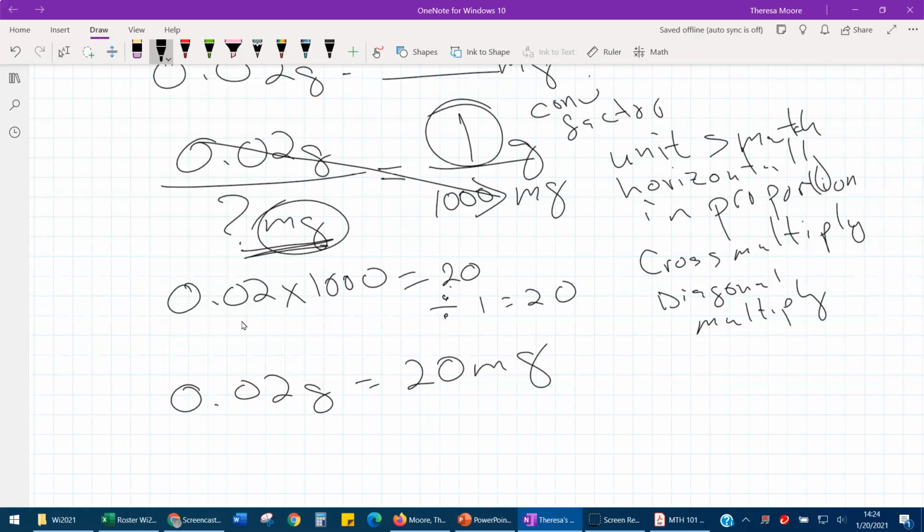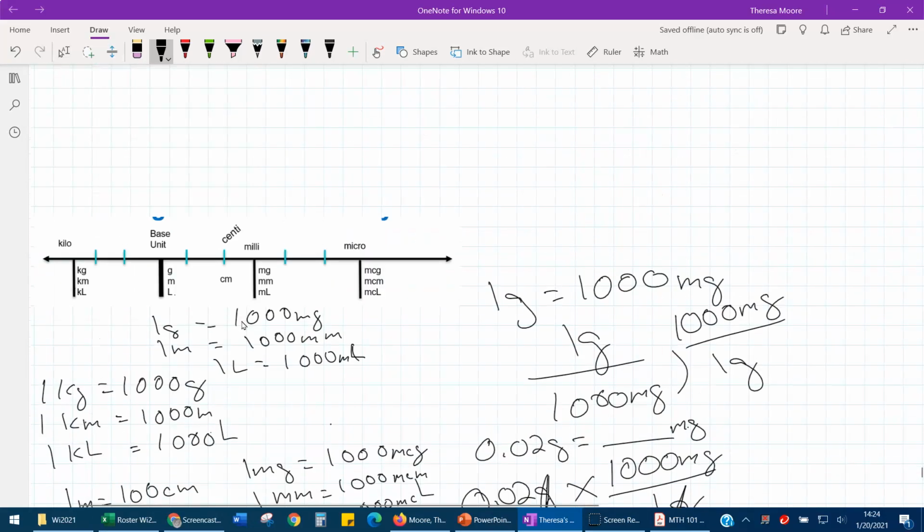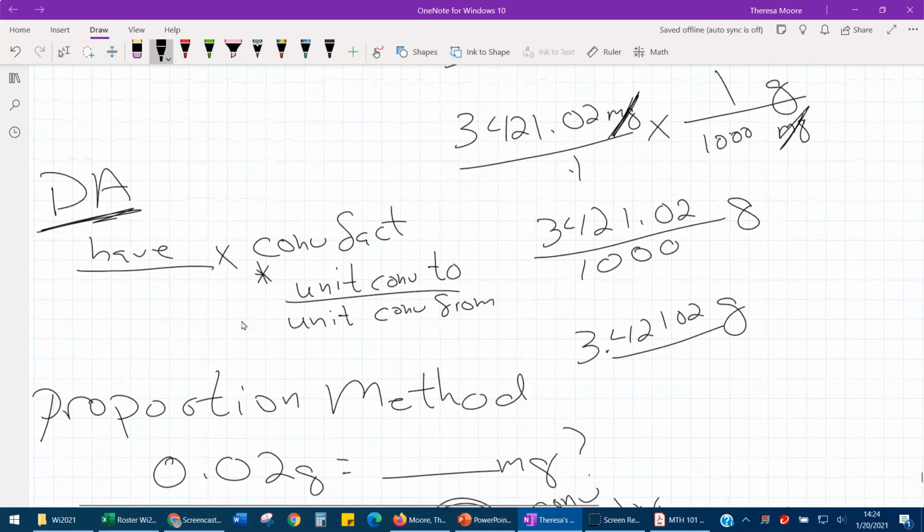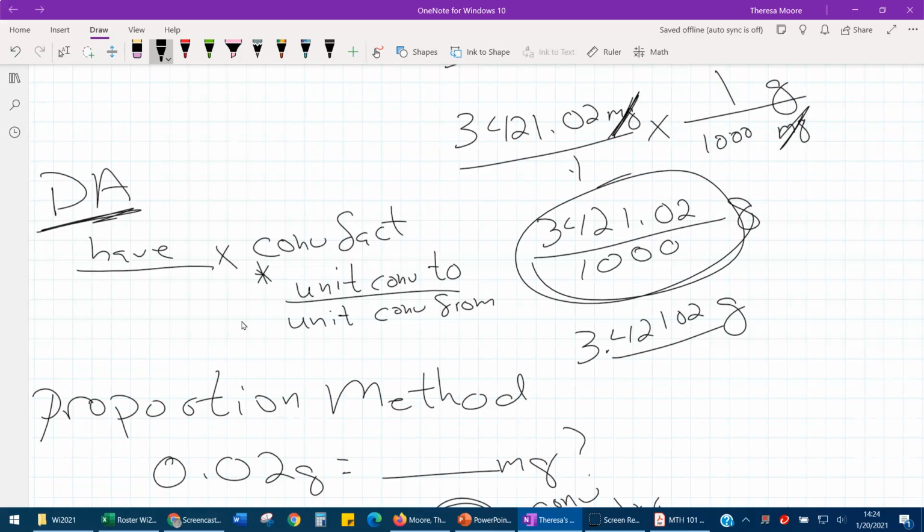So you have 3 different methods. You have your number line method, you have your dimensional analysis method, which involves multiplying fractions. Multiplying fractions, you multiply straight across the top, straight across the bottom, and if you end up with a fraction, then you divide.